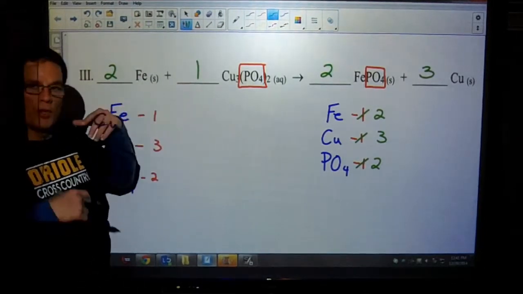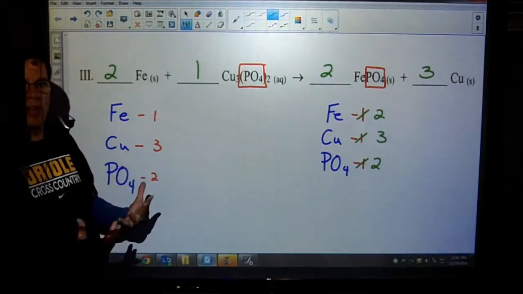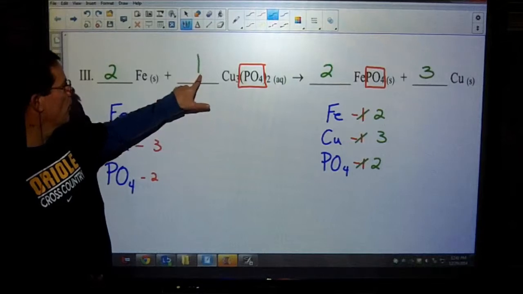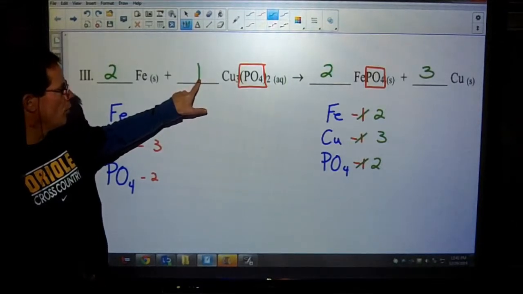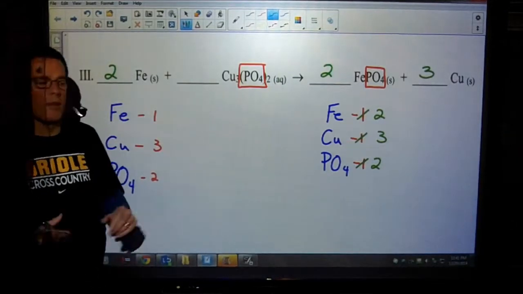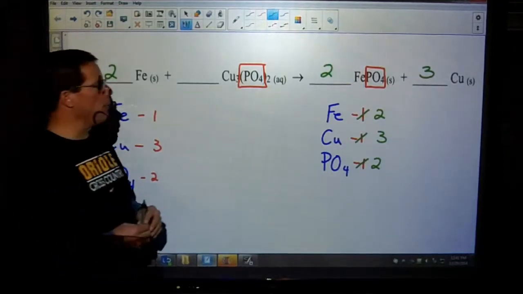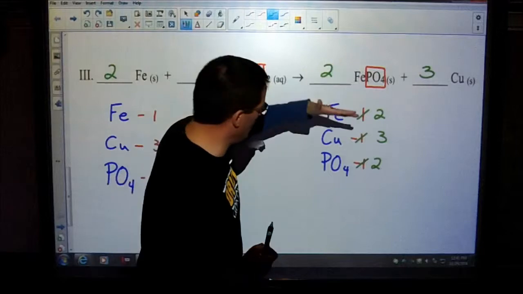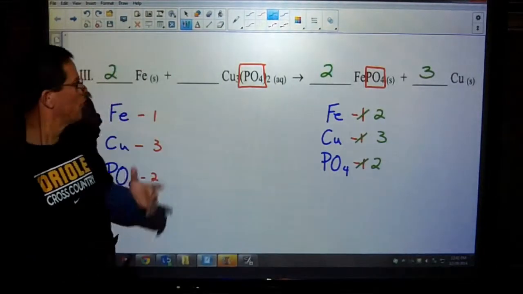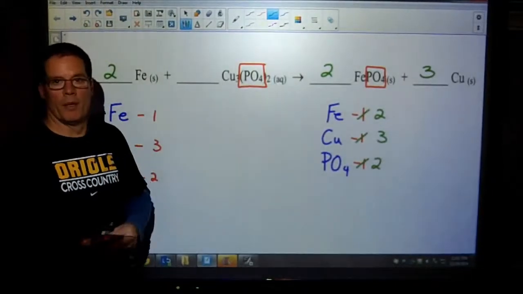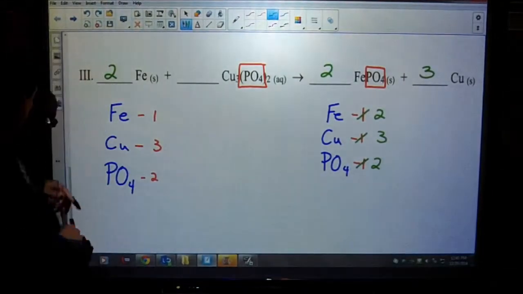But if you just initially, when you're working these out for the first time, you're like, I don't feel good about having nothing there, then you could put a 1 there. But in the future, we'll get rid of that. We won't show that. But this works out great. And again, the same thing would happen as if you worked it out and you had your phosphorus and your oxygens. We'd still get a 2, 2, 3, or a 2, 1, 2, 3. If you don't believe me, try it out.